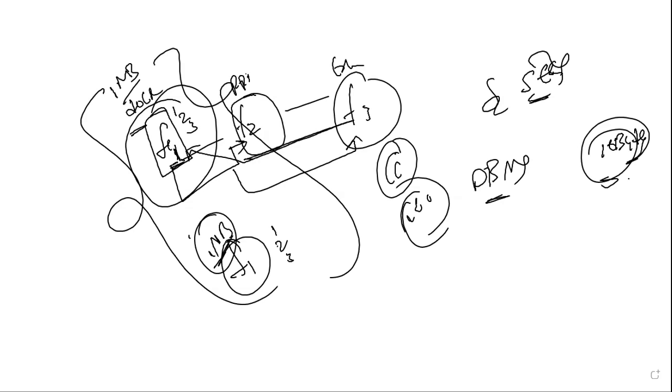The tables in RDBMS are related to each other. The tables in RDBMS are related to each other. Done? Okay. So next.